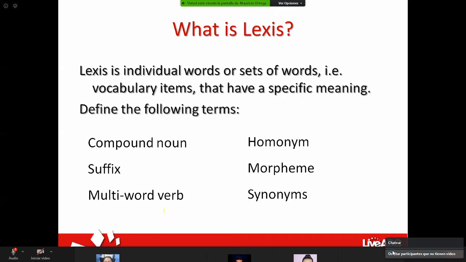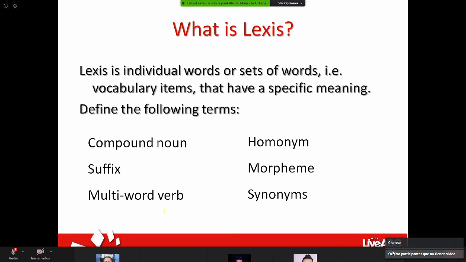The second part, suffix. Suffix is a part of one term called affixation. Affixation is the adding of different particles at the beginning or at the end of words to give different meanings. In the case of suffix, it would be a meaningful group of letters that we add to the end of the word, and we can give a different part of speech.